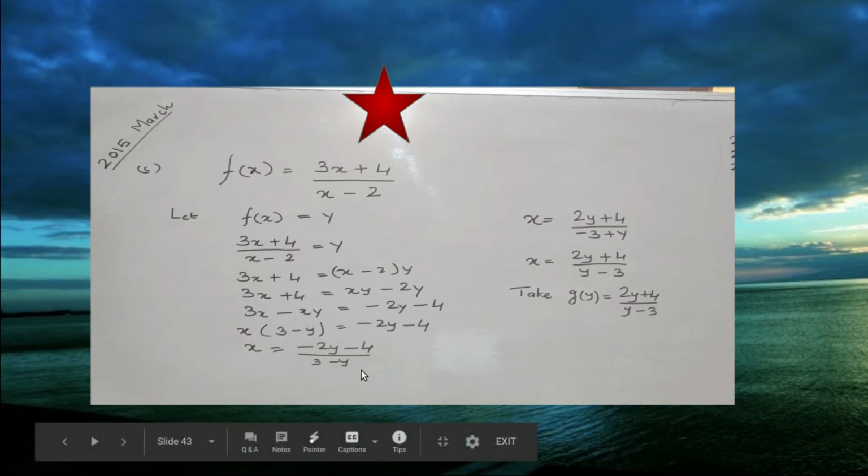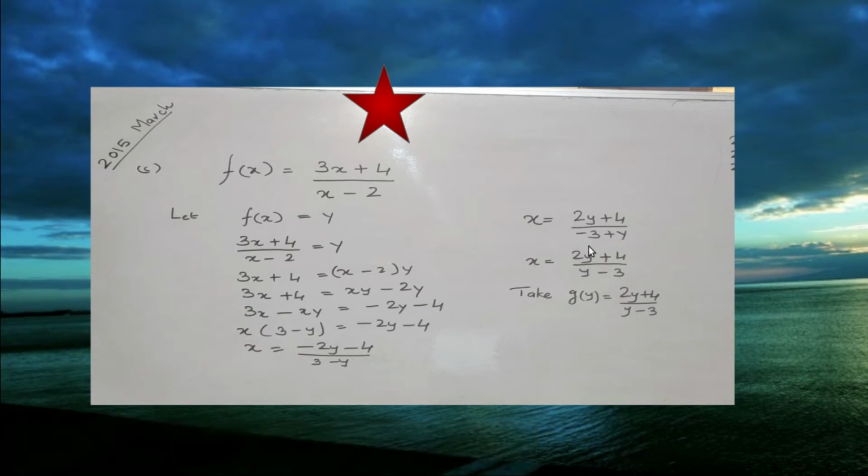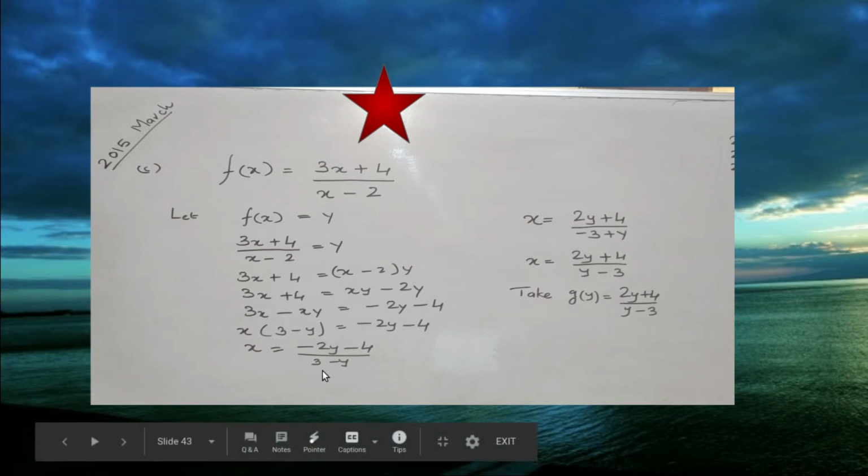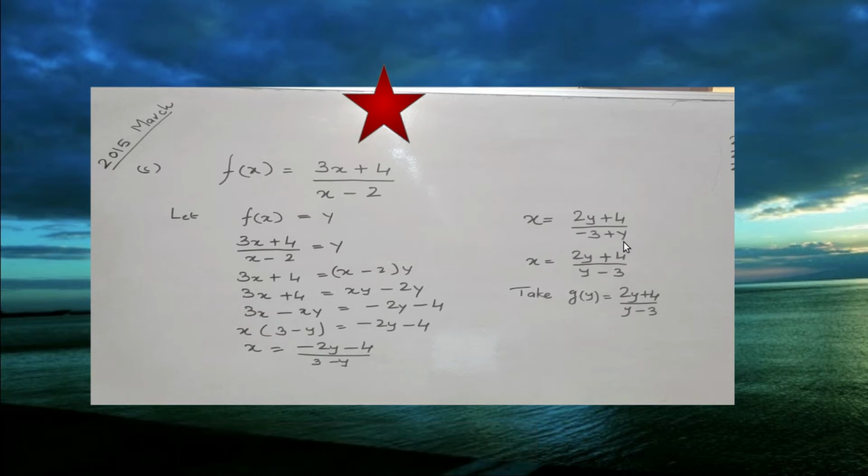So we get x equal to minus 2y minus 4 divided by 3 minus y. Multiplying numerator and denominator by minus 1, we get x equal to 2y plus 4 divided by minus 3 plus y. Okay, this denominator becomes minus 3 plus y, which we can write as y minus 3.